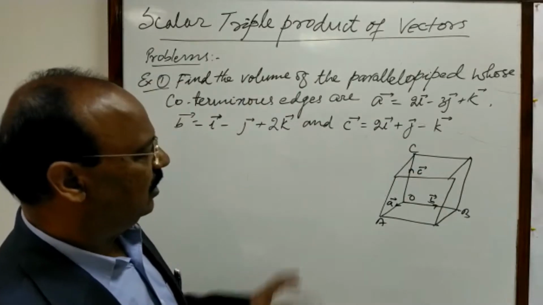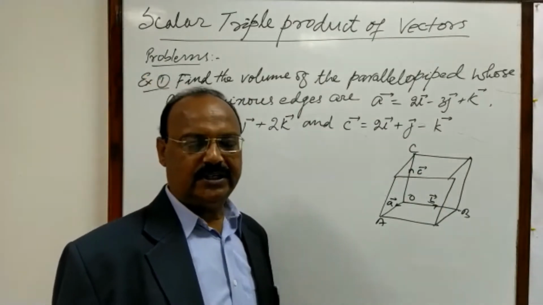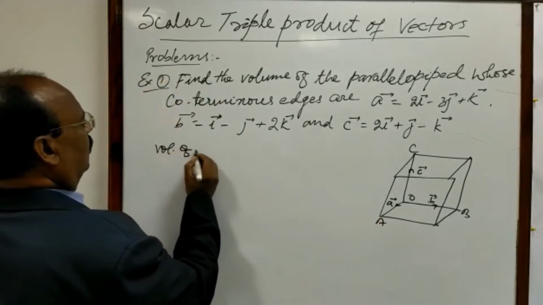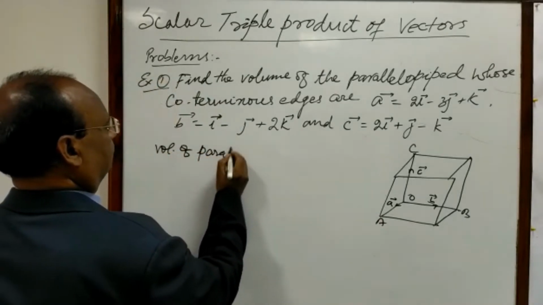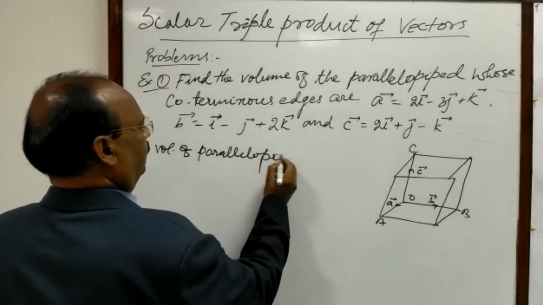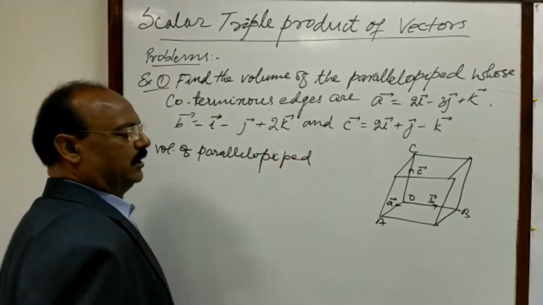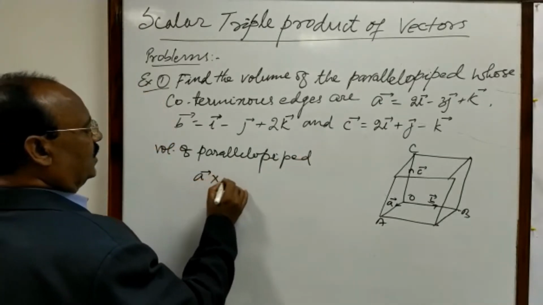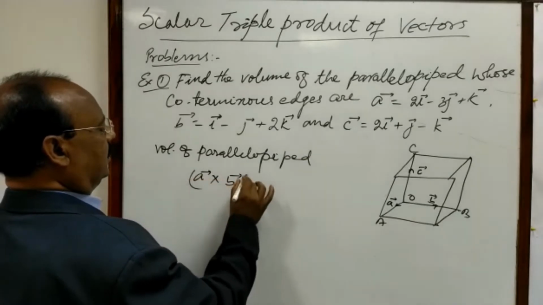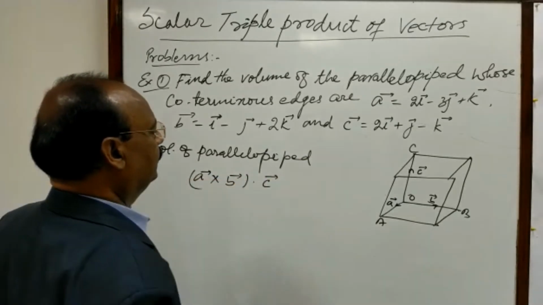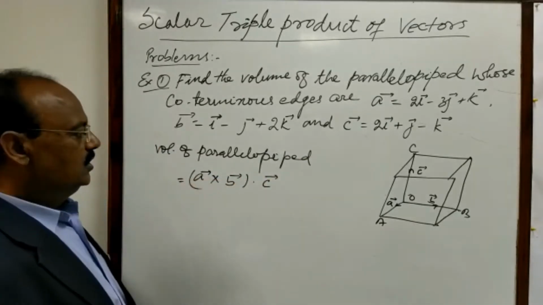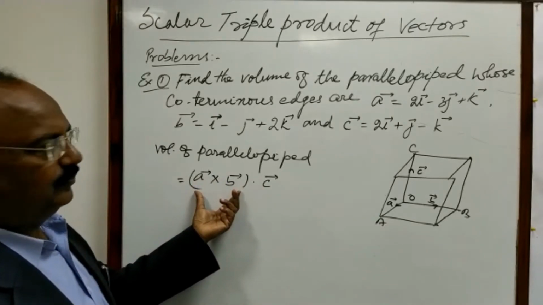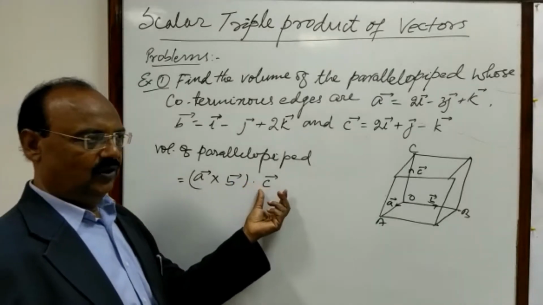In the previous video of introduction of scalar triple product, we have already discussed that the volume of a parallelepiped can be obtained by the scalar triple product of vectors A cross B dot C. So first of all, we need to find out A cross B and then dot C.